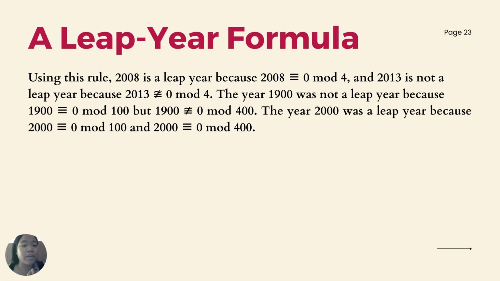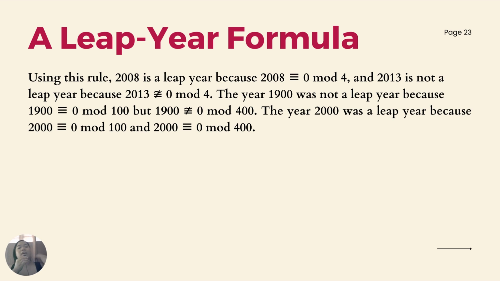Using this rule, for example, 2008 is a leap year because 2008 is congruent to 0 mod 4, and 2013 is not a leap year because 2013 is not congruent to 0 mod 4.